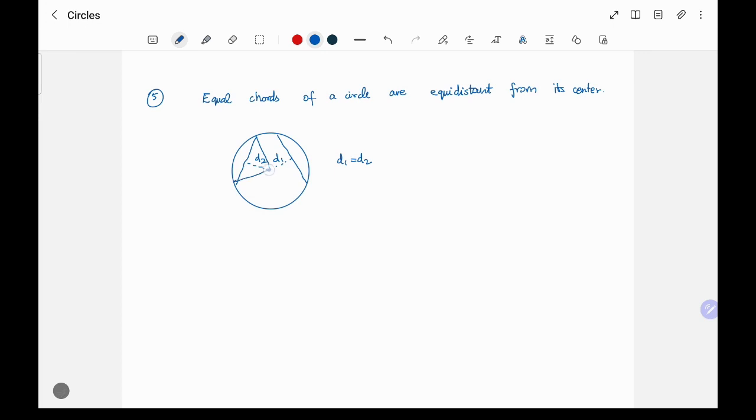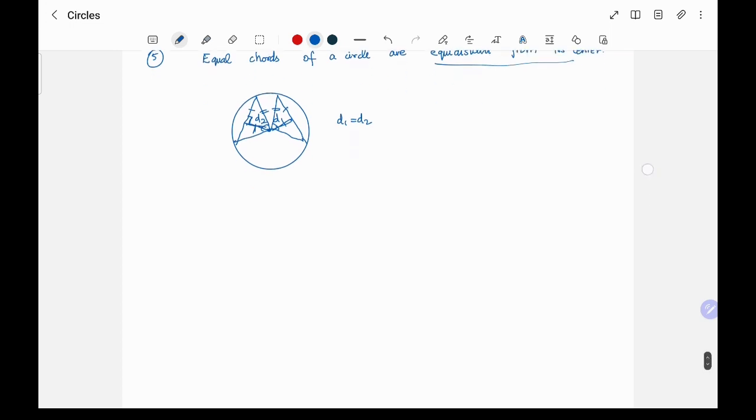Both will be right angle triangles. So this is equal, right? So they should also subtend equal angles. This is equal, and the right angle, and this is the radius. So with this, using the RHS theorem, we can prove that these both are congruent, hence this side should be equal to this side, which is nothing but they are equidistant from its center.